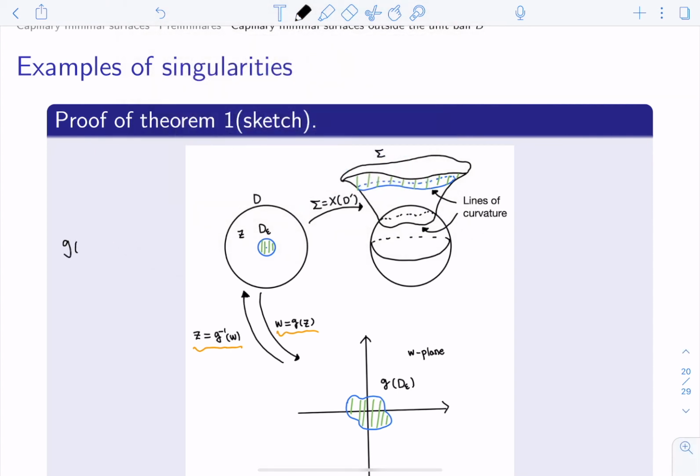So if we accept this fact, then we can put the Weierstrass data in the W coordinate as follows.